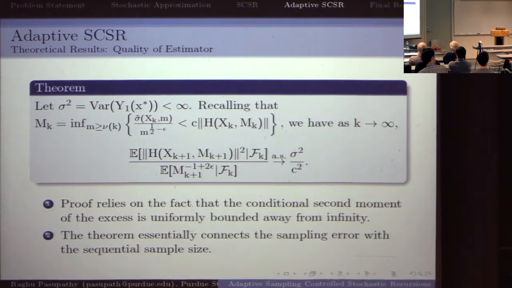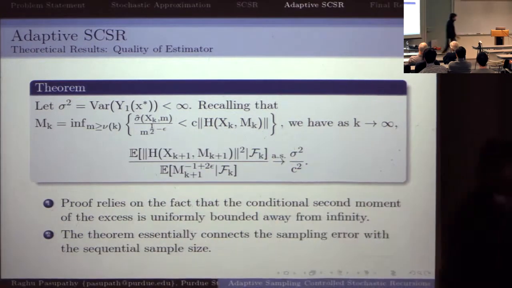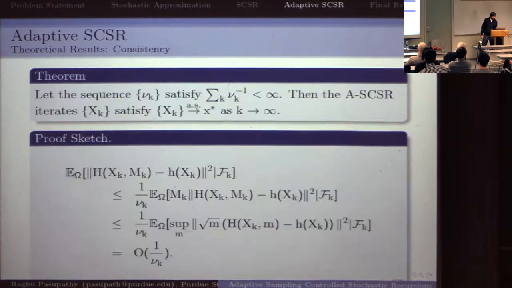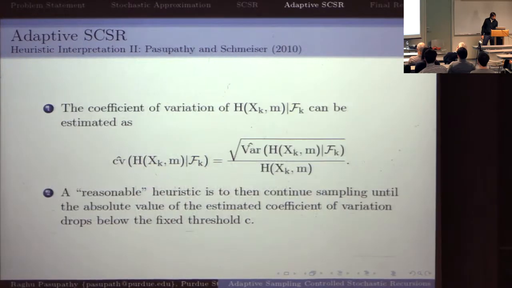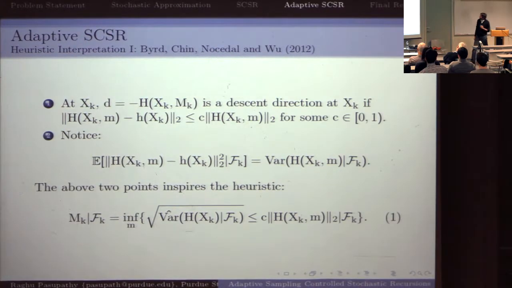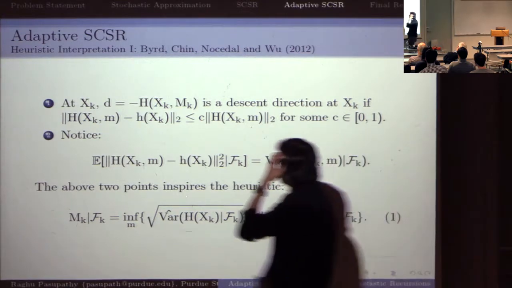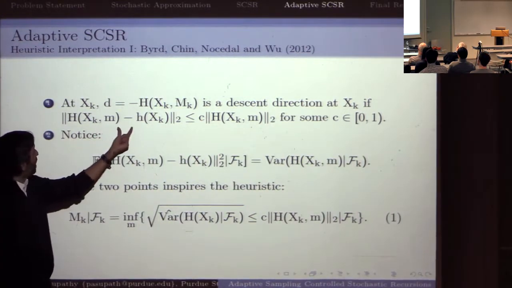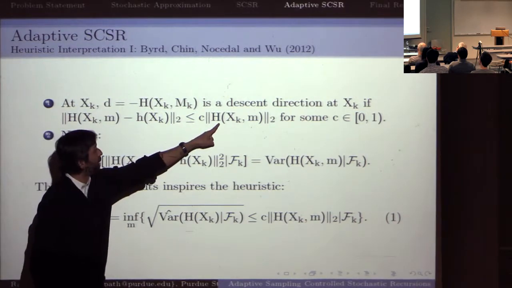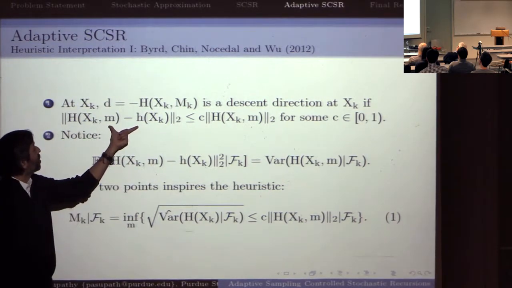So I have my own question now. Going back to this Nocedal result that you pulled out, it looks like in order to do that check, I need to know H, but I don't. Looking at their inequality. Actually, you don't need to know H. Let's see. You're referring to this. Nocedal's result basically says that if this error is less than or equal to C times capital H, you're saying that, I see what you're asking.